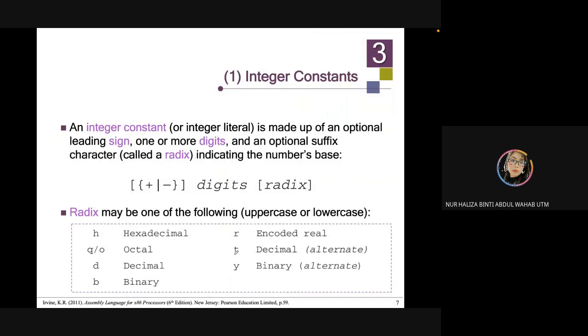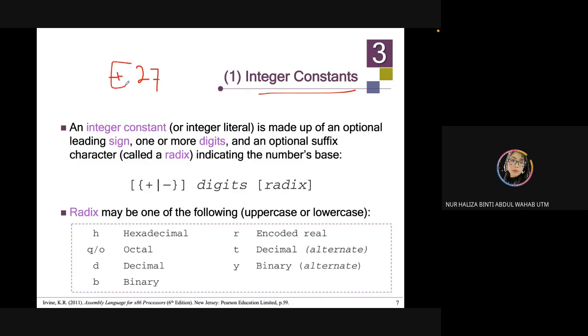When you hear about integer, of course, it is related to numbering. But what is a constant? An integer constant, which can also be called an integer literal, is made up of an optional leading sign. So you need to have a sign. If you have 27, in representing it as an integer constant, you need to put the sign in front.